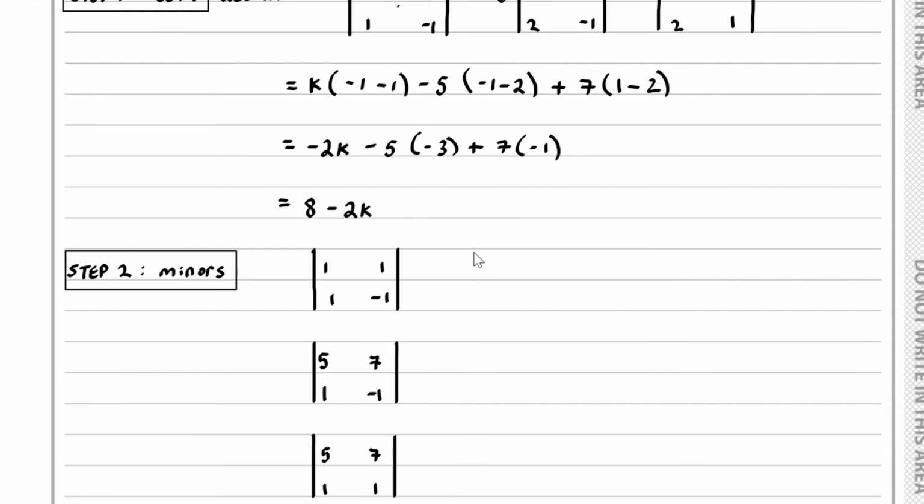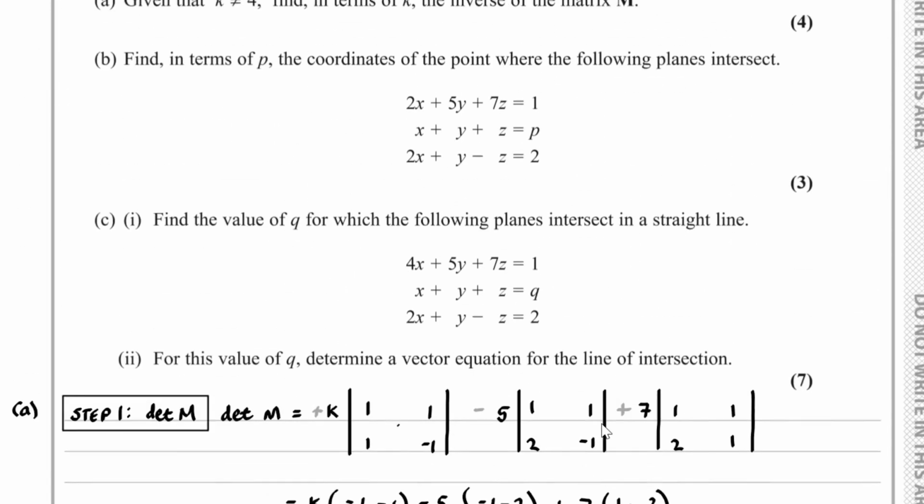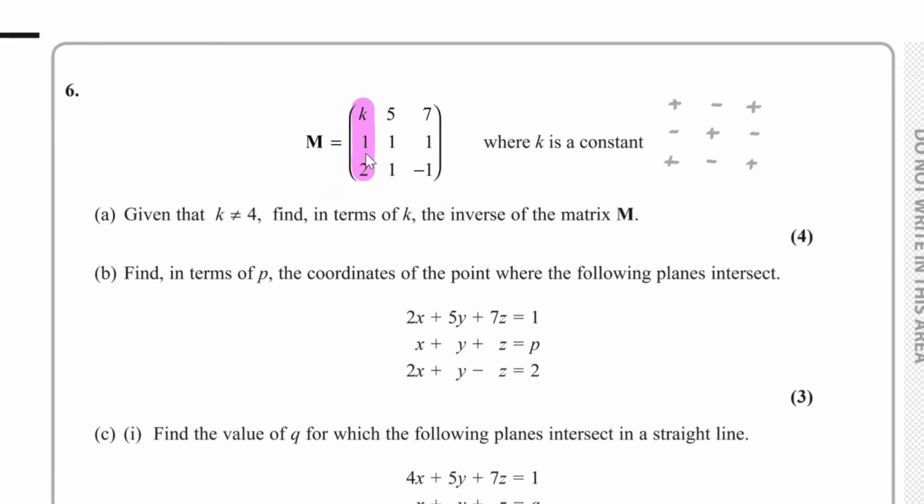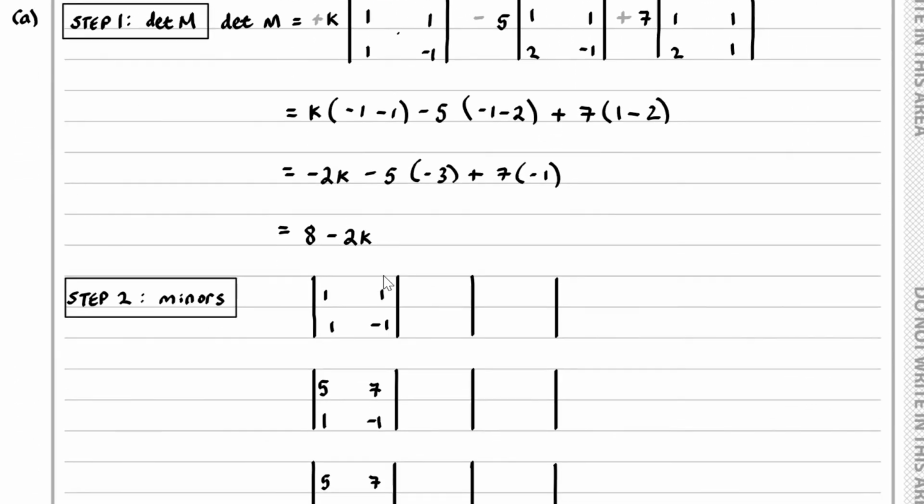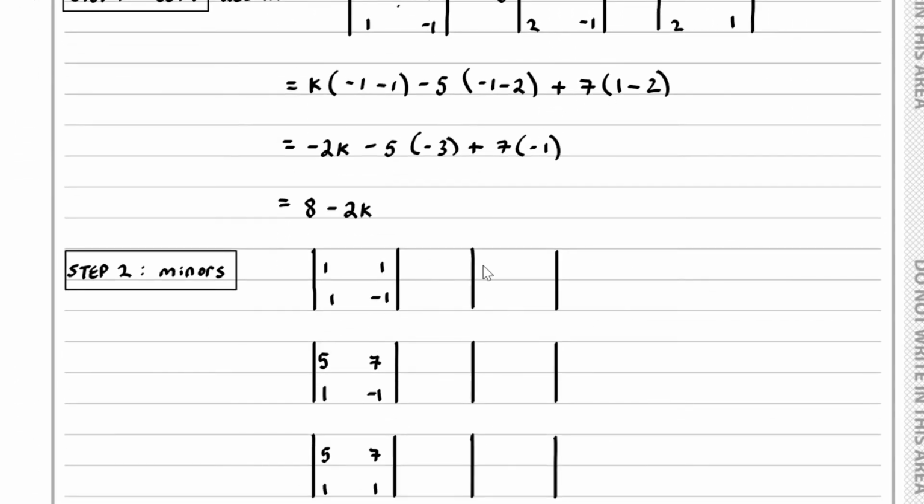Next, we will move on to the second column. So for the second column, let's just fill all these in. Let's just add in our boxes like so. What we do for the next column, we cover up this column, we cover up this row, we take the determinant of what's left over. So you can see what's left over is 1, 1, 2, minus 1.